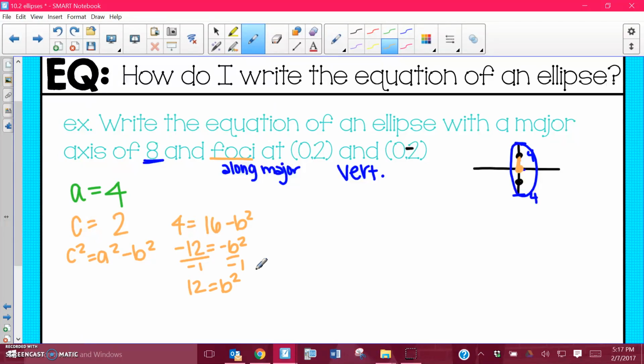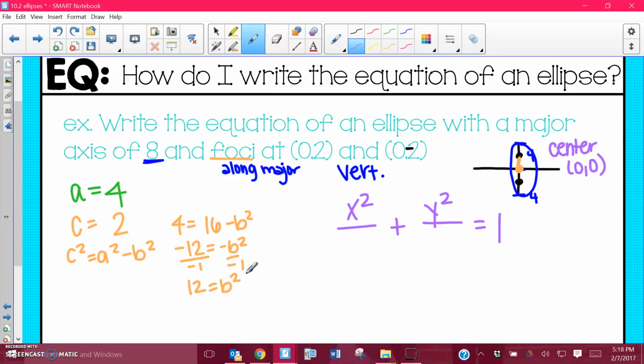Before you take the square root, remember that your equation has a squared and b squared in it. I don't really want to know what the square root of this is. Just leave it as b squared, because now when I plug this into my formula, remember I'm going to have x squared over something plus y squared over something, because the center is at (0, 0). Okay, if you need to make a note, my center is at (0, 0) nicely.